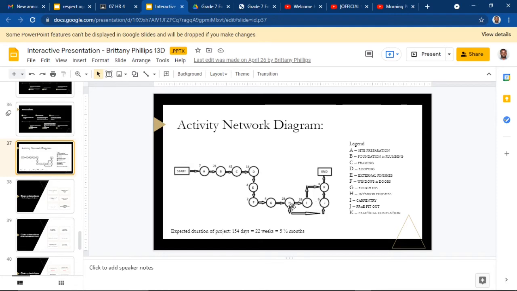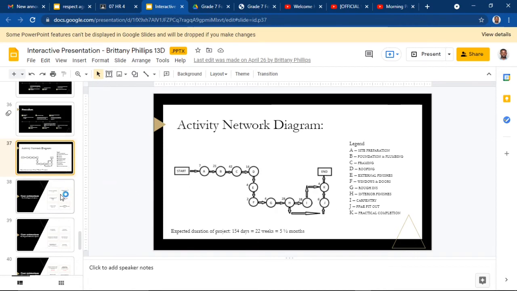So like here, H, and I depends on H, but J doesn't depend on I. So I and J can happen at the same time, because I shows carpentry, and F shows fixtures and stuff like that. So depending on where, it can be done at the same time.